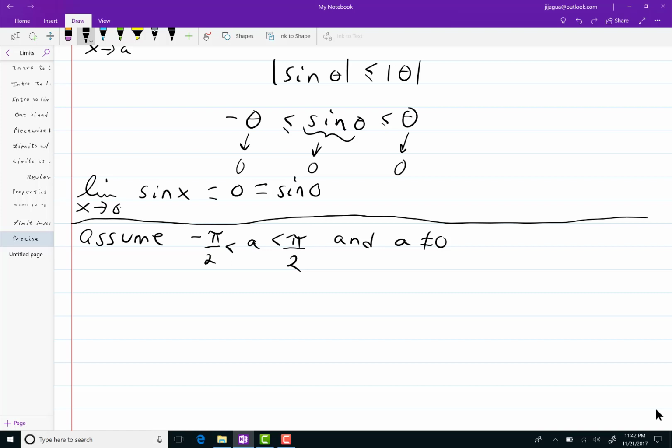Well, because if you look at the sine function, I'll just draw a really simple graph of this. From negative pi over 2 to pi over 2, we span from negative 1 to 1.